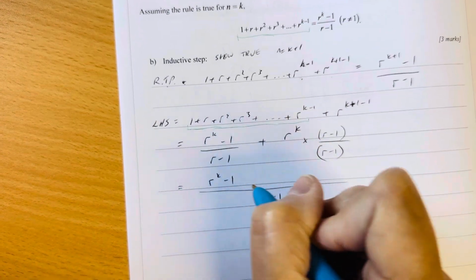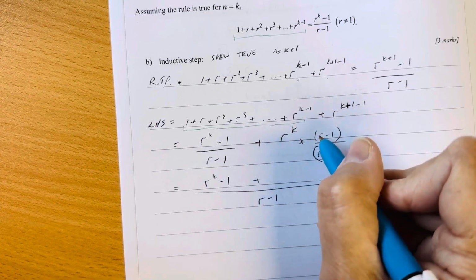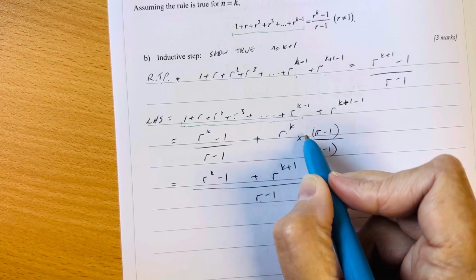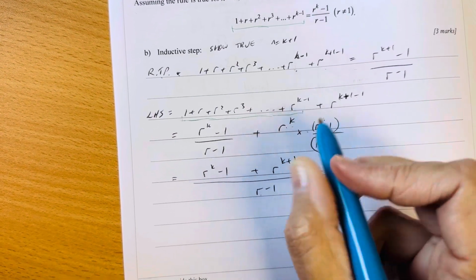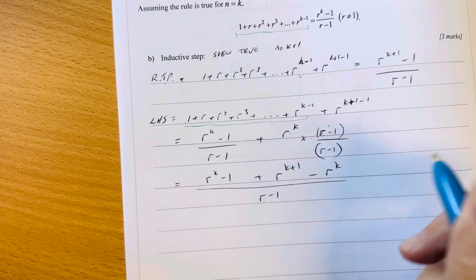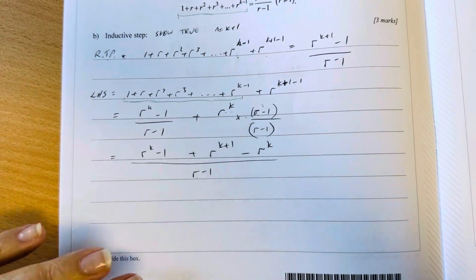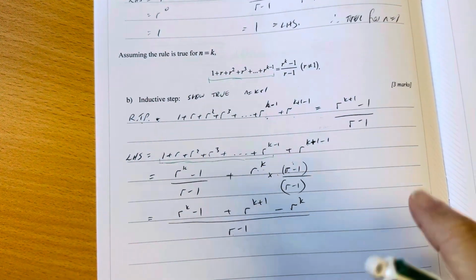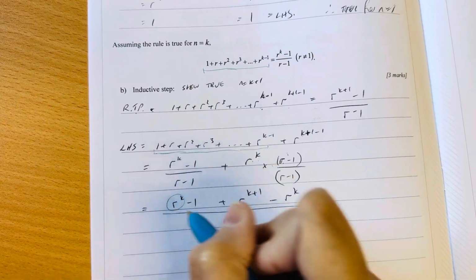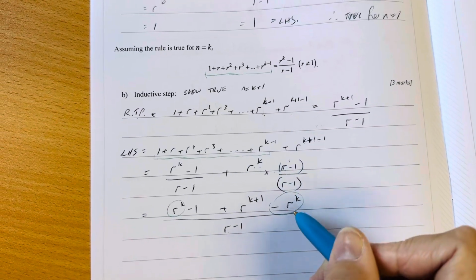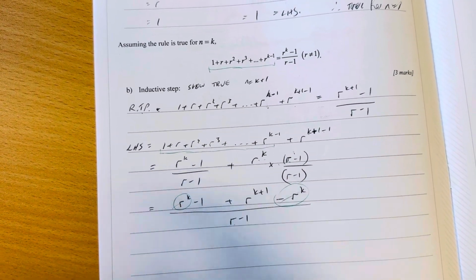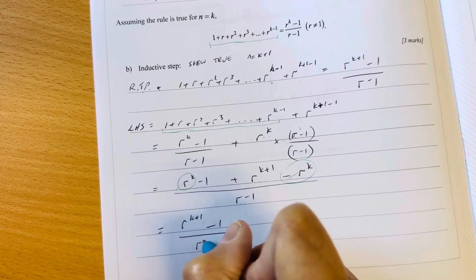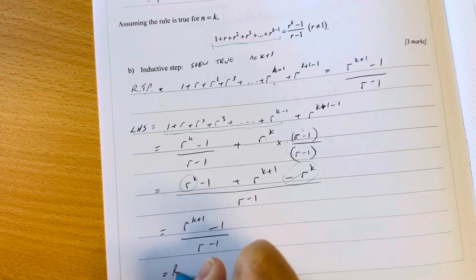And I've got r to the k minus 1 plus, expand this out, r to the k plus 1, because remember r to the k times another r, that's r to the k plus 1, take r to the k. Expanding that out, we can see here that this r to the k and this take r to the k are going to cancel, giving me r to the k plus 1 minus 1 over r take 1, which is my right-hand side.